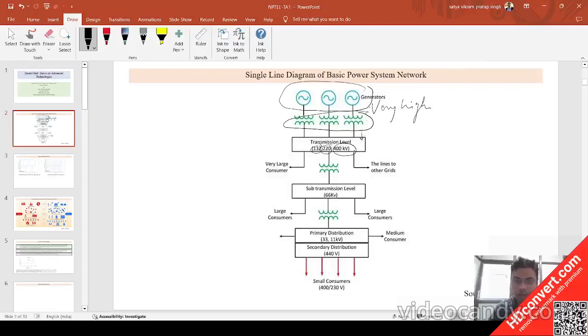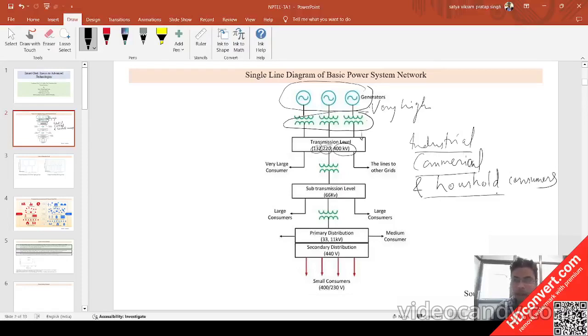Then at particular levels there are multiple kinds of consumers: industrial consumers, commercial consumers, and household consumers. Their requirements of power level and voltage level are totally different, so you need an in-between mechanism to step the voltage down or up.